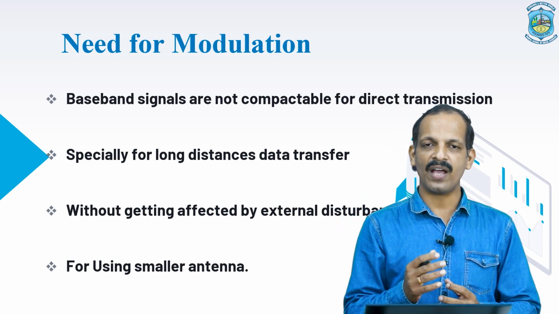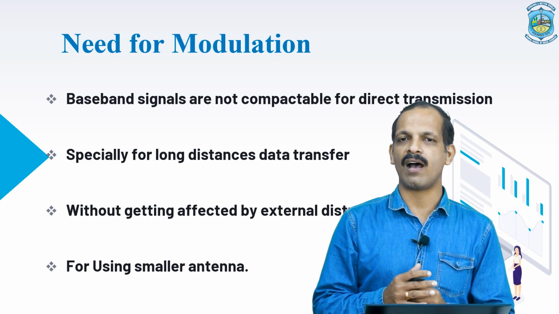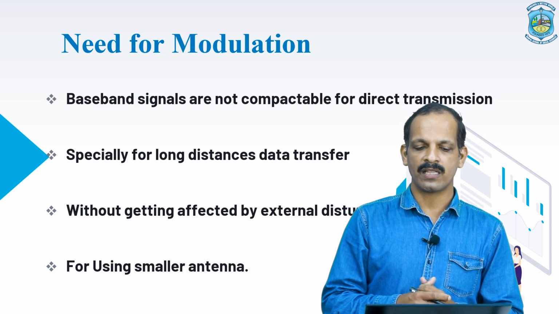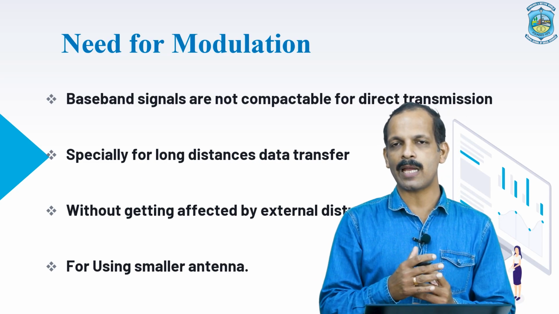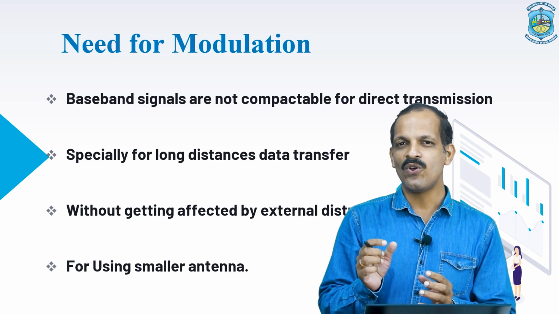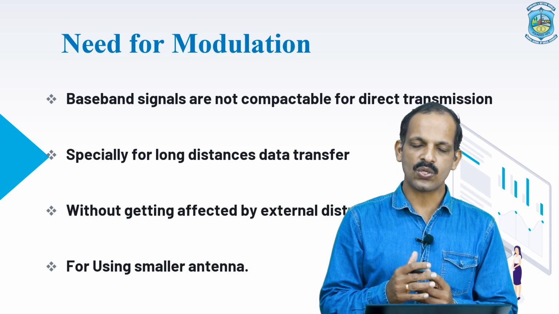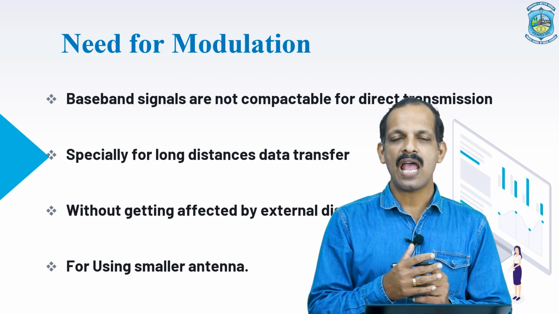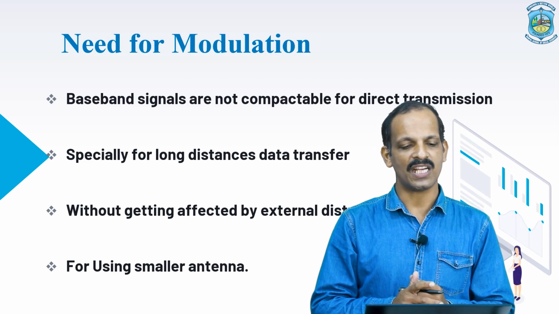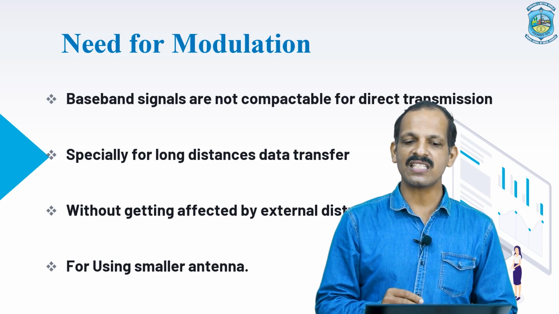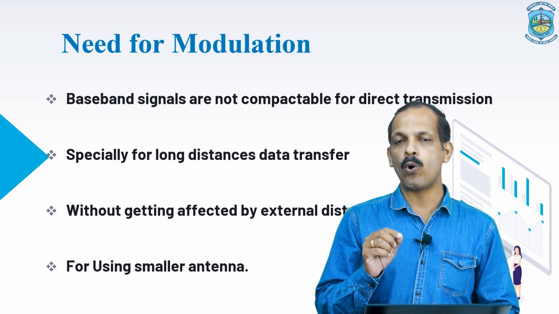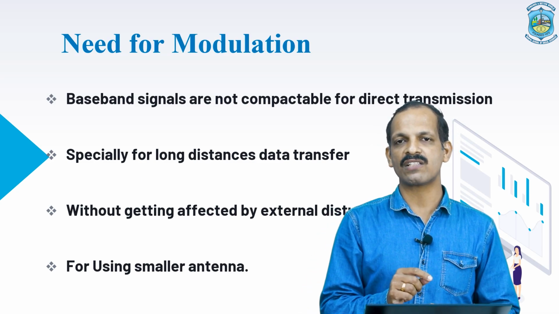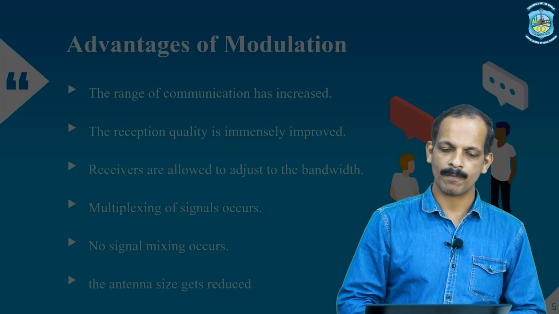But if you are sending the data after modulation, then the carrier signal has a comparatively very small wavelength. So we can use a very small antenna to receive this type of information. Because of these reasons, we need to modulate a signal before transfer from the sender.